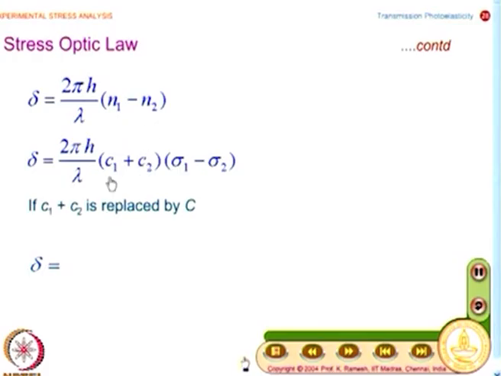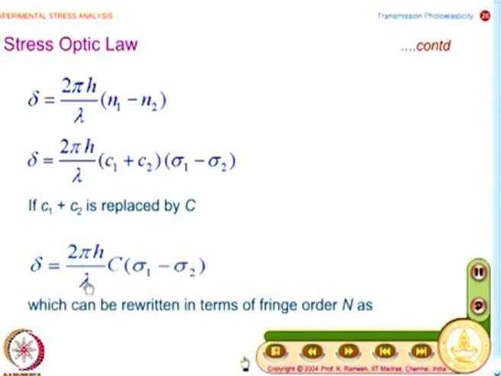So, I put this as C 1 plus C 2 into sigma 1 minus sigma 2, and this is the material parameter, and for convenience we replace it by another symbol. In order to differentiate it from the velocity of light, we use a capital C. I can recast this equation. So, I have this as 2 pi h by lambda into capital C into sigma 1 minus sigma 2.